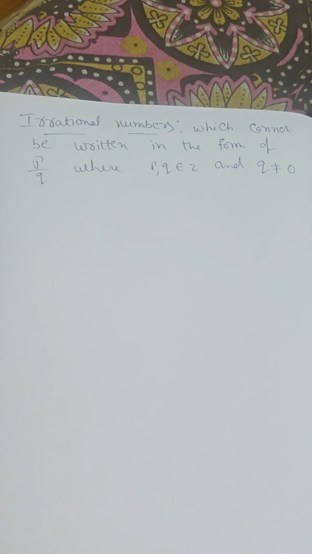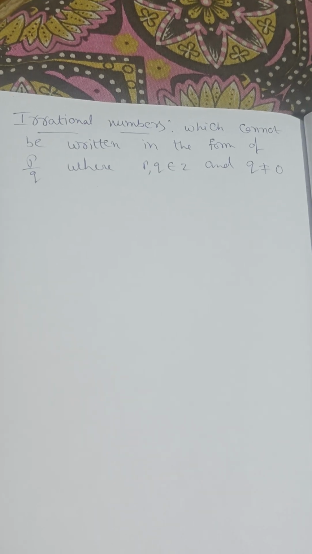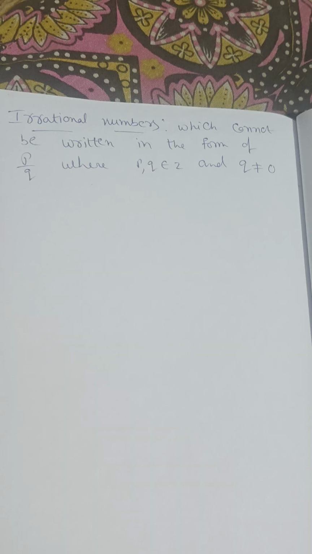The numbers which can be written in the form of p by q are rational numbers. Which cannot be written, they are irrational numbers.